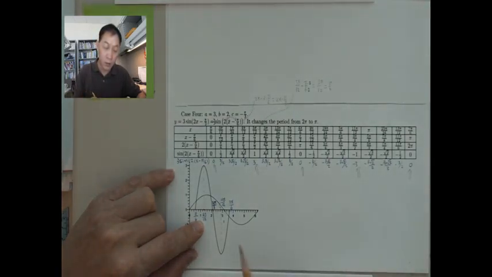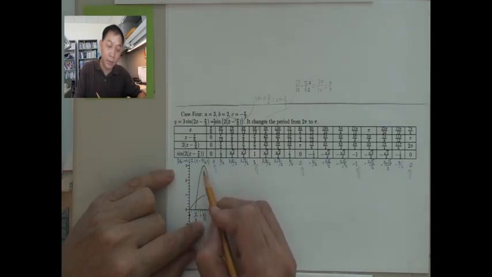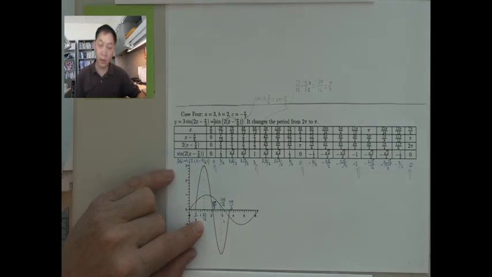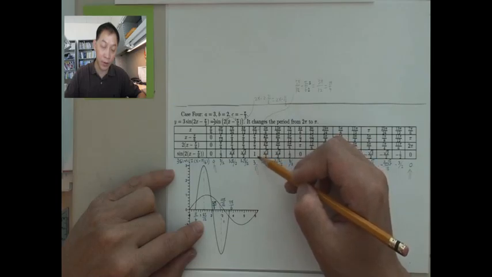Here is 1, here is 2, here is 1.2, 1.3 is somewhere here. So when x equals 5 pi over 12, you have the highest one, 3, so it reaches the highest at 5 pi over 12. Okay? So we have tested the highest point.